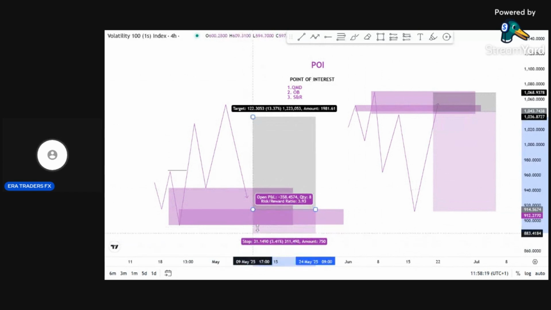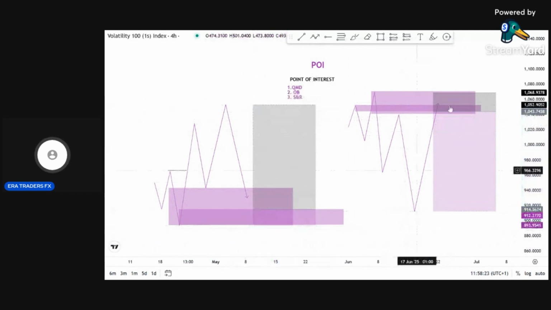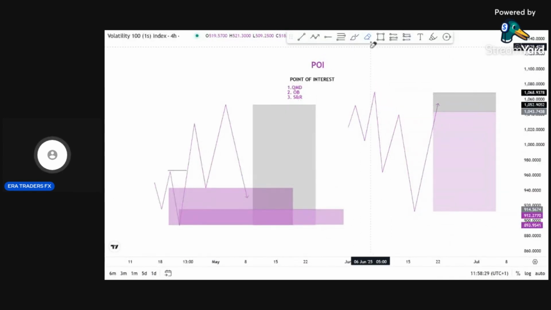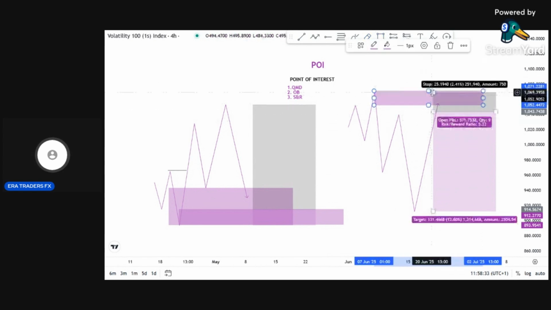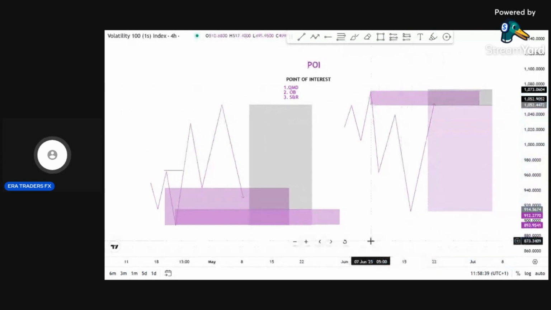That's your entry, stop loss just below it, and you buy all the way up. Same thing for the sell scenario. But first of all, take note that everywhere below your structural liquidity is your POI, or above, for the sell.